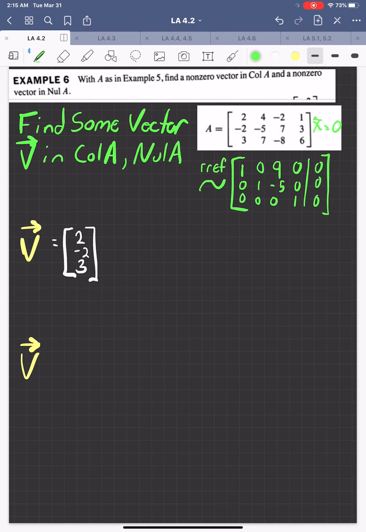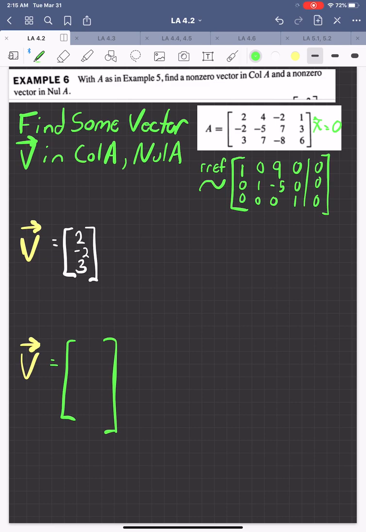Now the question becomes, looking at this row reduced form of matrix A, how do we still get to a vector? Because I want to say a vector equals something.